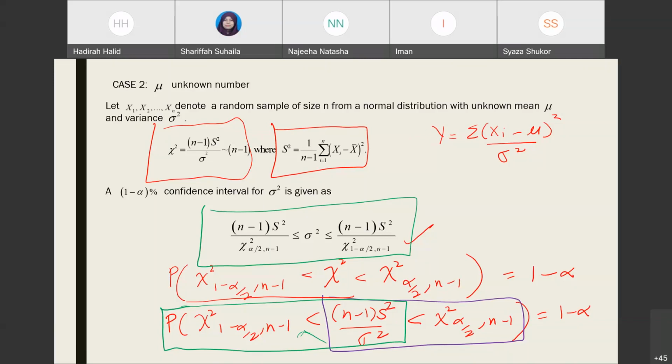So read the question carefully. Check whether what is given is a known number or an unknown number. Then you know how to decide which confidence interval to construct. But again, both are skewed distributions, so that means the probability is just 1 minus alpha.